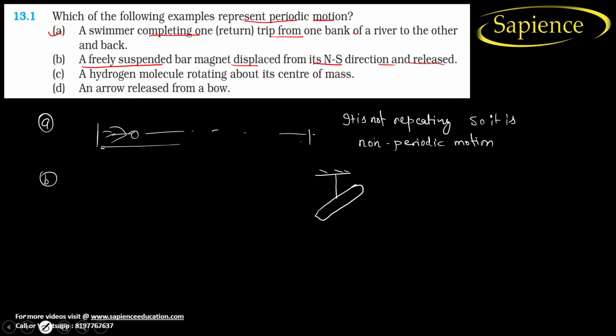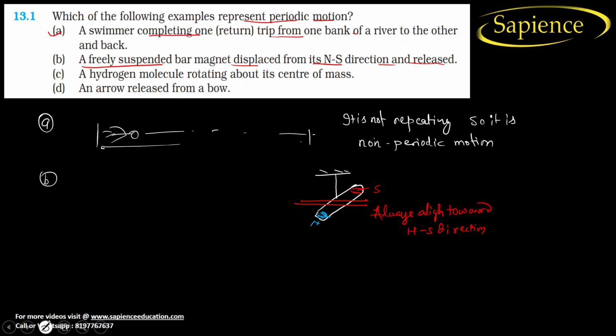Let us consider there is a north and a south pole. You know that a freely suspended bar magnet always aligns toward the north-south direction.